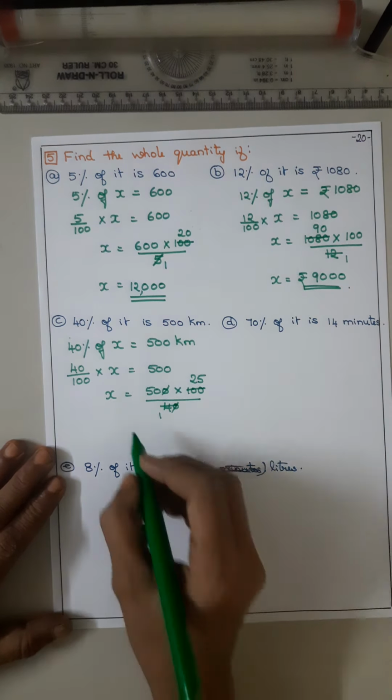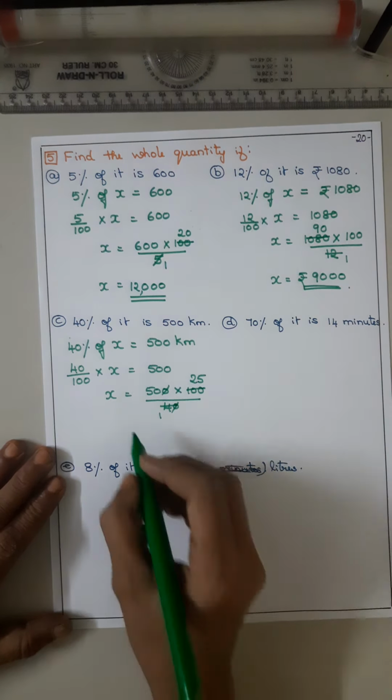So you got x is equal to 125. It is given kilometer, so write kilometer.